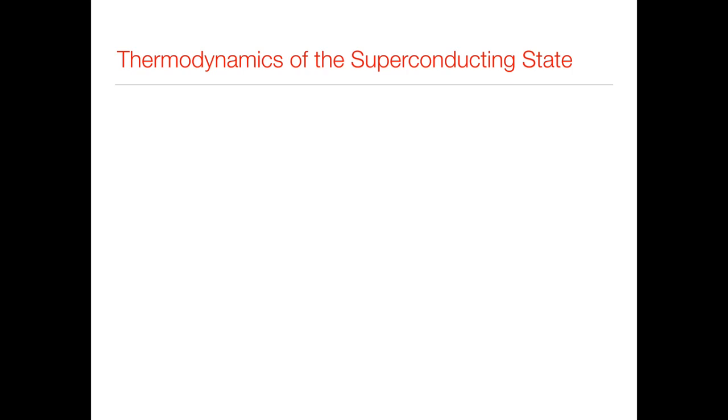Now, first of all, I perhaps just want to remind you of the relationship we noted had been found earlier between the critical field, BC, and the critical temperature. They behave like this.